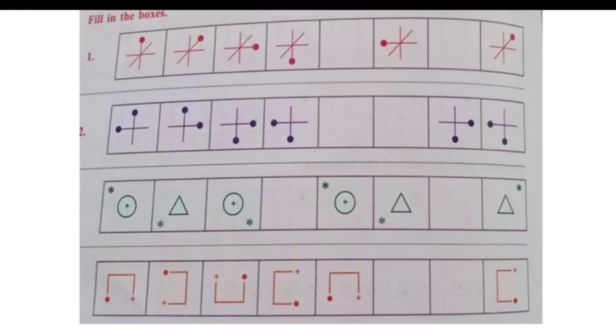observe it properly. Dot, 3 lines and plus. Then dot, 3 lines and plus sign. Here you have to find out their directions.